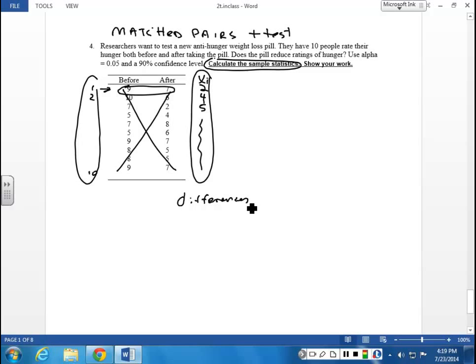Then you can compute x bar of these, and you can compute the sample standard deviation of those, just like we did on the first test. Not going to work it out here, but I'll go ahead and repeat the formulas for you.